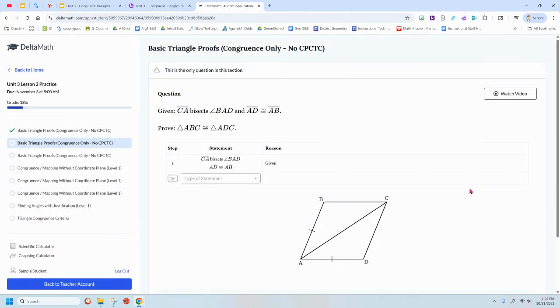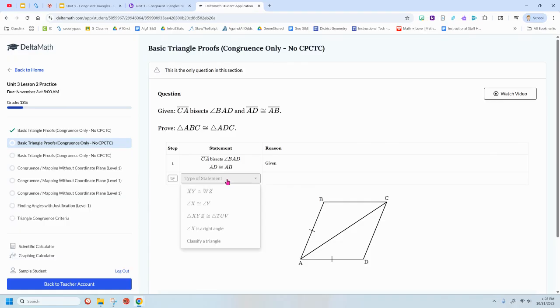Okay. Is this the same thing? Slightly different. Okay, we have CA bisects angle BAD. We have AD congruent to AB. All right. Do you guys want to do the reflexive property first? Yeah.